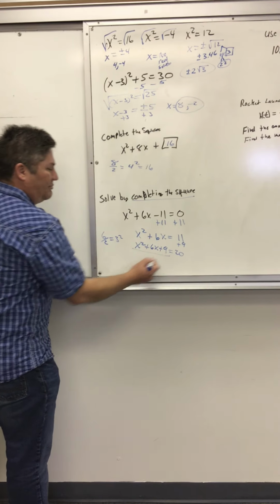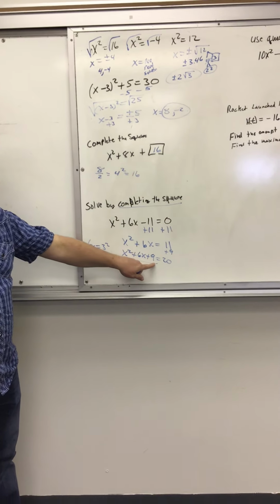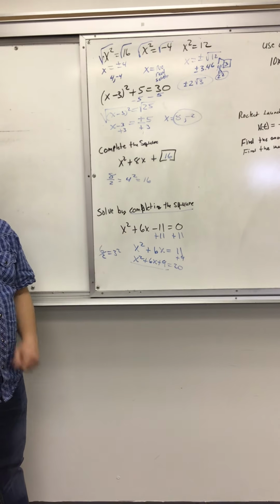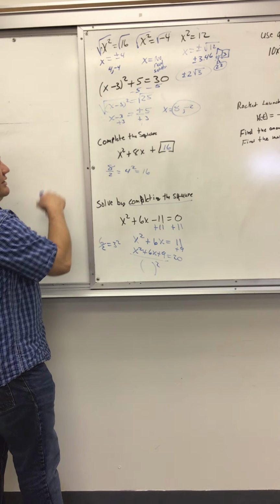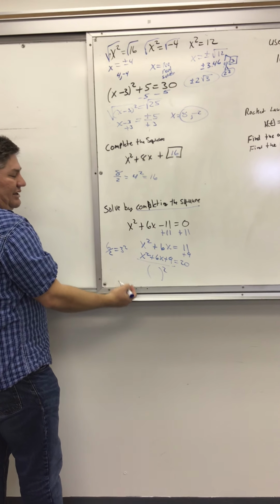Now this side is a perfect square trinomial. That's why we complete the square. Notice this is a perfect square, that's a perfect square. Okay? And the square root of this, doubled, is that middle term. So this will make one set of parentheses squared, much like this question up here. Okay, this question up here now becomes a lot like this question.